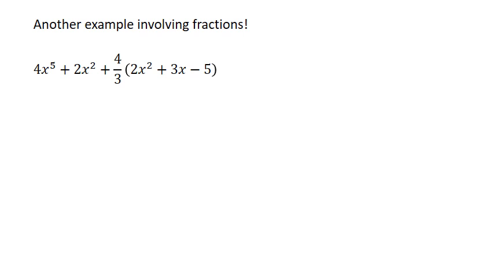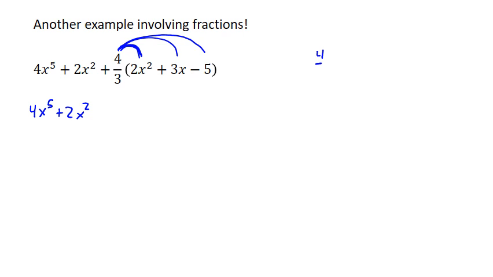So the first thing I see that I need to do is this distribution. This 4/3 needs to be distributed into each term. So I'm going to leave my 4x to the fifth plus 2x squared alone out here, and now do this distribution.